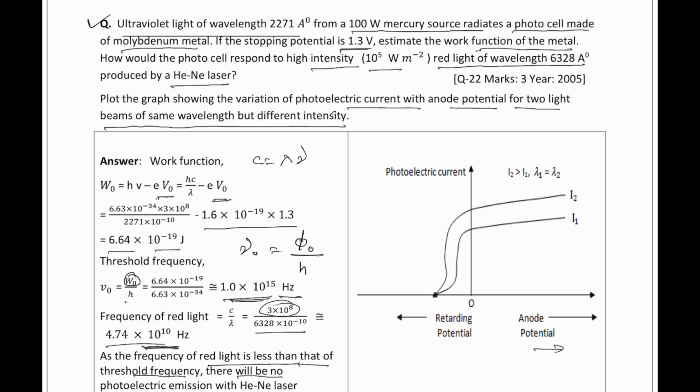So this is the graph. For different intensity, if I2 is more, then this is graph 2, compared to I1, correct. When the intensity varies and the anode potential is increased, we will get a different plot. So this is the graph.